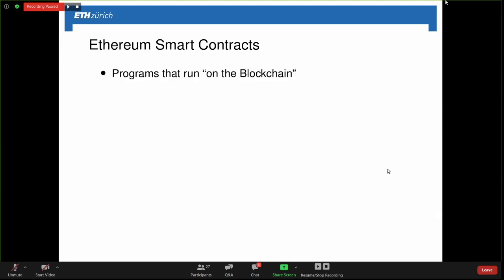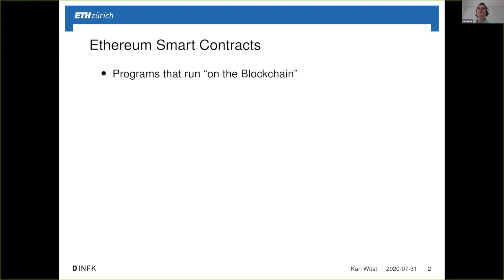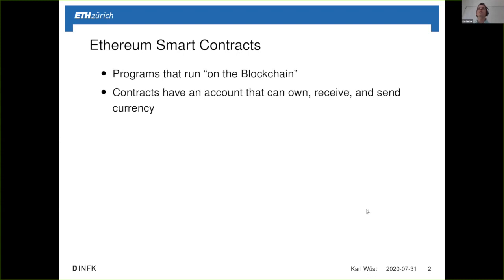So I assume all of you know what smart contracts are. I'll still give a small recap. Essentially, they are programs that run on the blockchain, which means that they have an account that they own where they can receive currency, send currency, and they can also store some state.